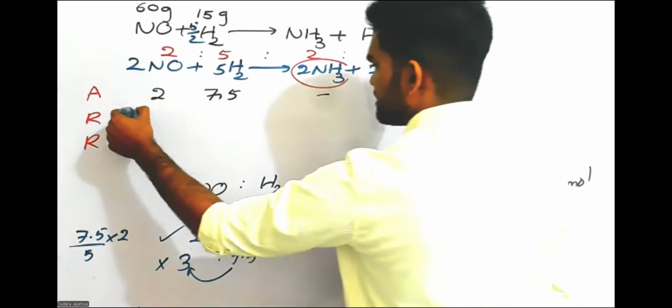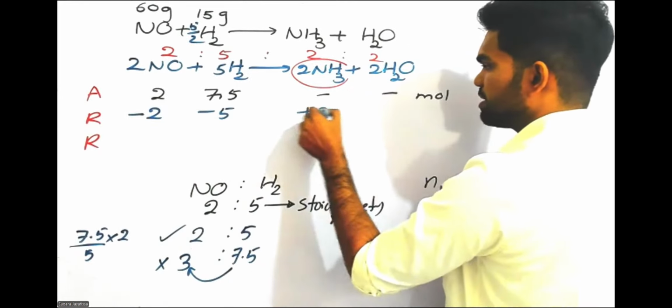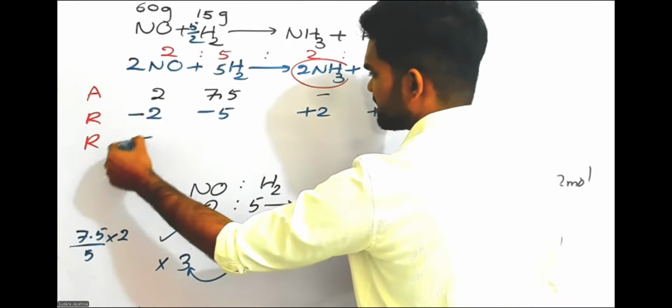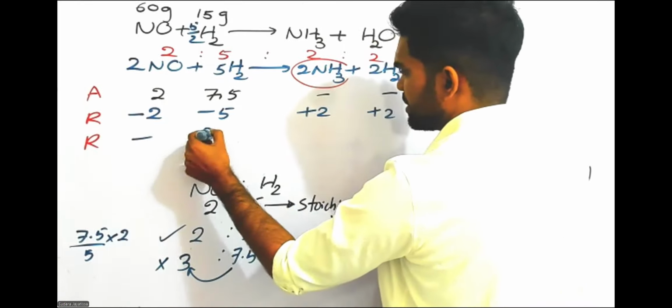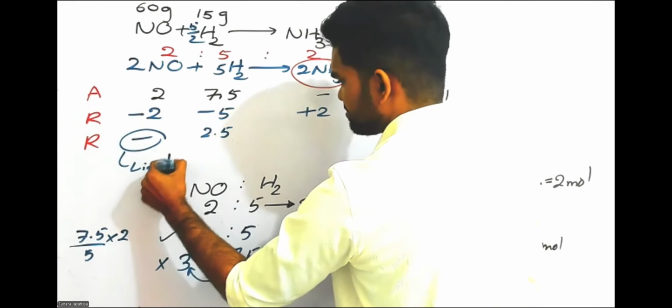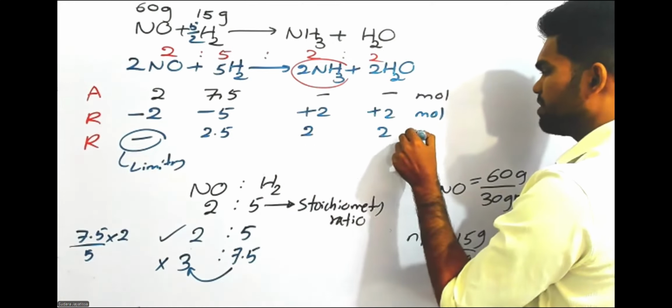So this 2 added will fully react with the 5 of this and 2 will be formed here. In the reacted and remaining, nothing will be remaining here. Here 2.5 will be remaining. So this is called our limiting reactant. And here 2 moles of ammonia will be formed.